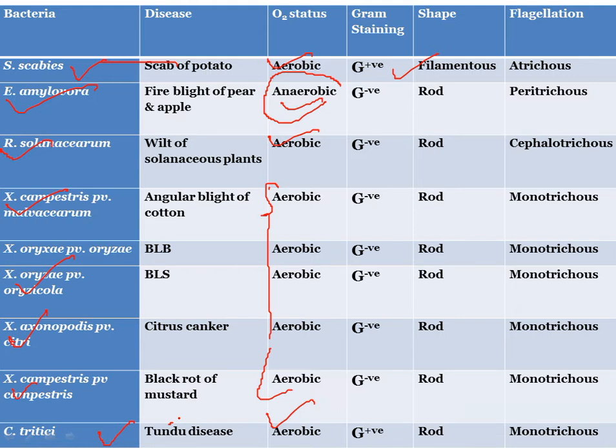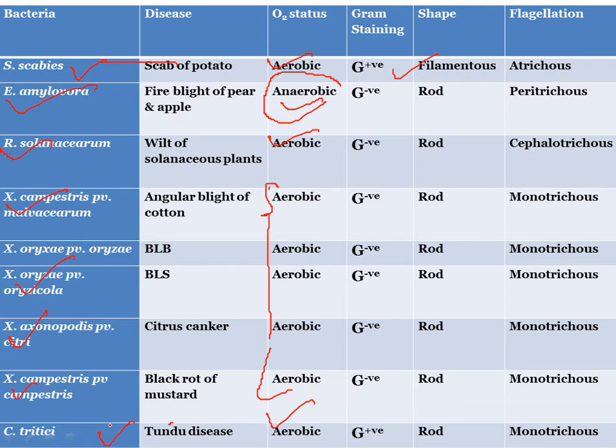The remaining bacteria of this slide are gram negative. Erwinia, Ralstonia, and all species of Xanthomonas are gram negative. Right? The next morphological character is shape.